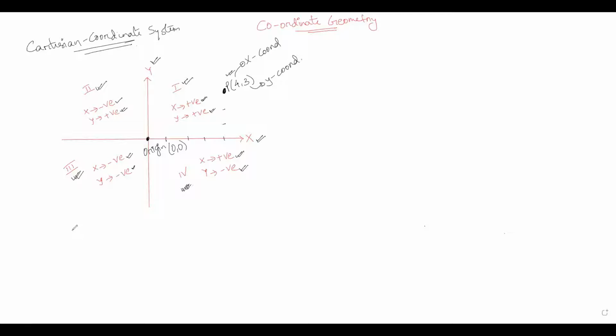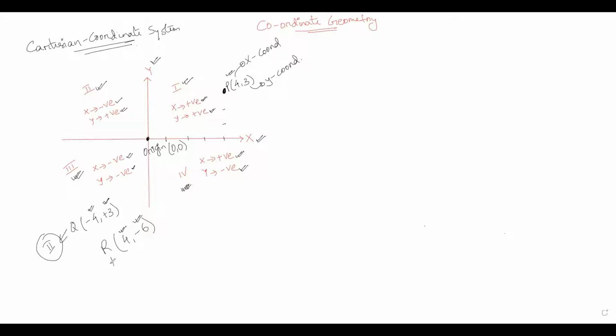So if I have a point whose coordinate is say -4 and +3, since the x coordinate is negative and y coordinate is positive, we can say that this point will be lying in the second quadrant. In a similar way, if I have another point R, say whose coordinate is 4 and say -6, here the x coordinate is positive, whereas the y coordinate is negative.